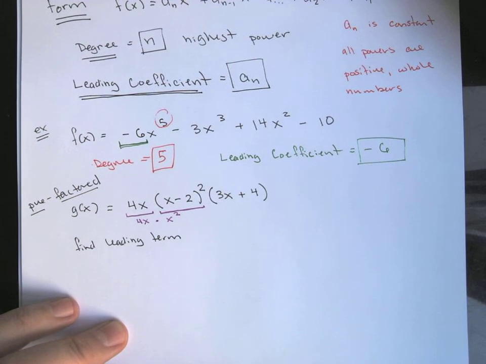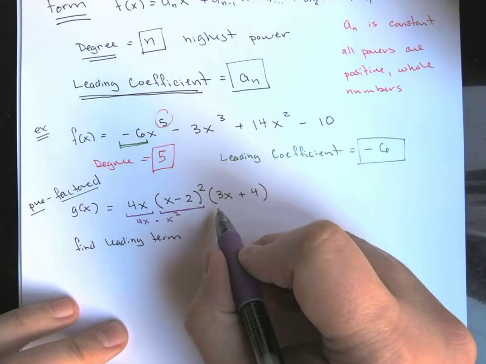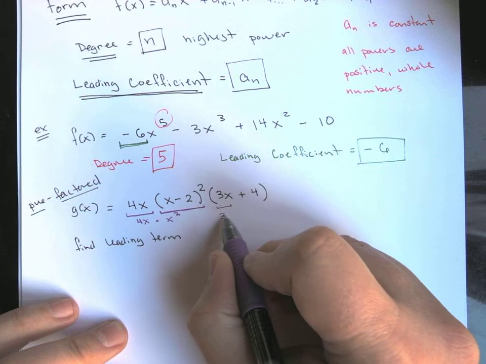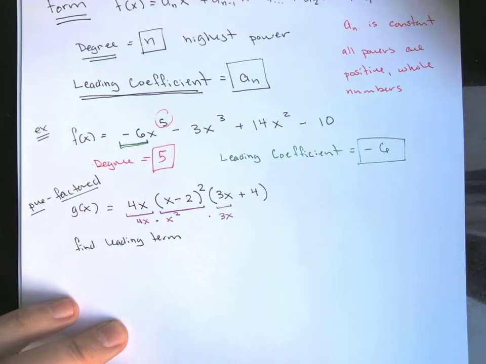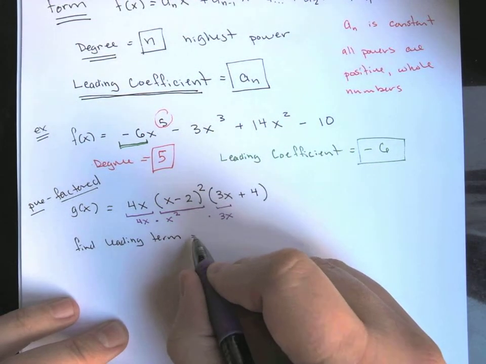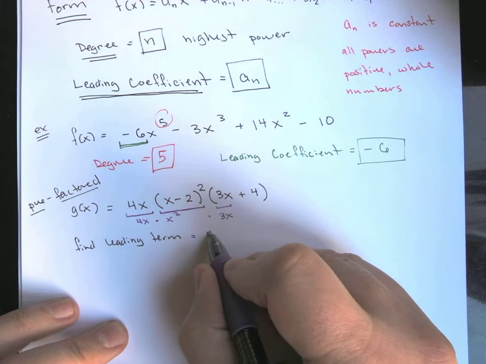That's going to be a part of making our leading term. And over here, the biggest thing is the 3x. So my leading term is just going to be the product of all those three things together.